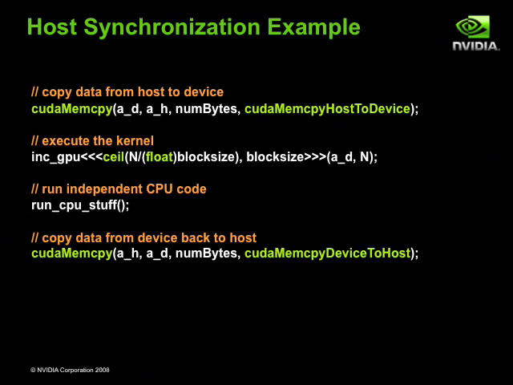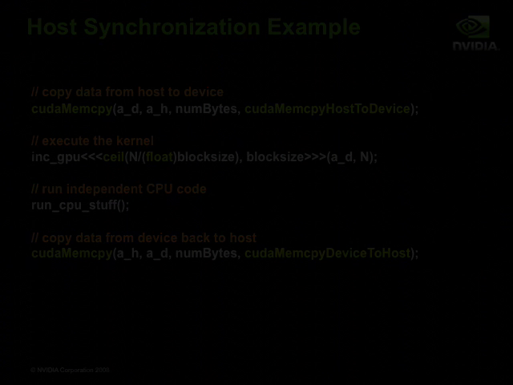In this case, the function runCPUstuff is executed on the CPU, overlapping execution with the incGPU kernel on the device. After runCPUstuff completes, cudaMemcpy is called. If the kernel has completed, cudaMemcpy will begin transfer of data to the host. Otherwise, cudaMemcpy will block until the kernel has completed.